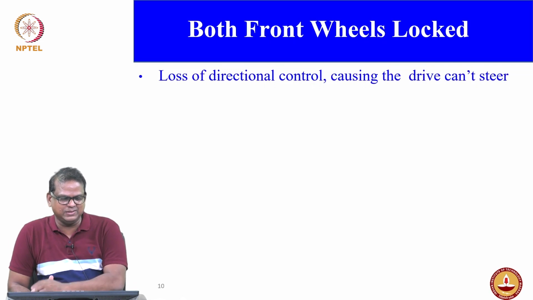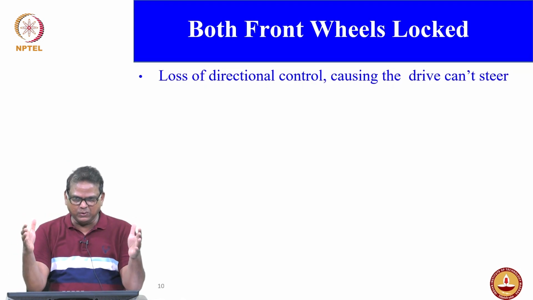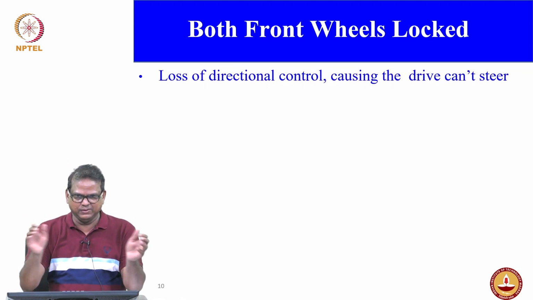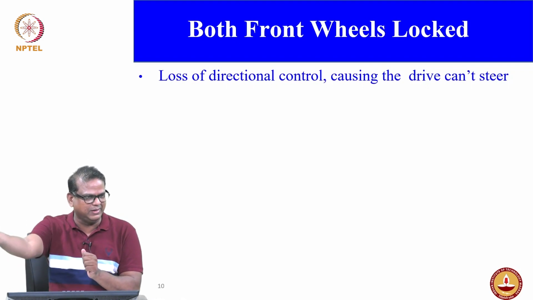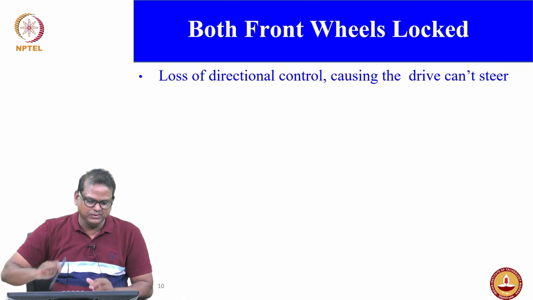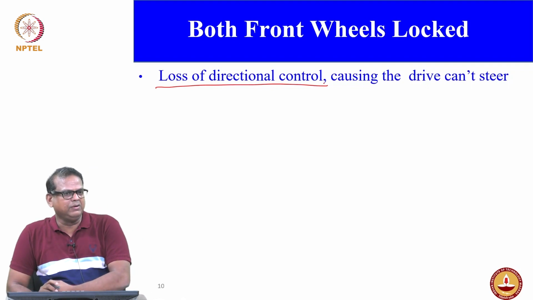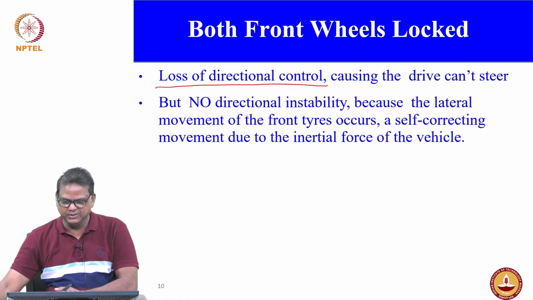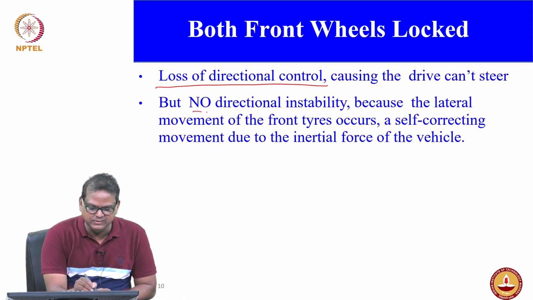The first thing is loss of directional control, meaning the driver can't steer to the right or left. The moment the front axle locks, the driver can't move the vehicle either to the right or to the left. That's a problem. That's why it's called loss of directional control when the front wheels lock first. But the good thing is there is no directional instability.